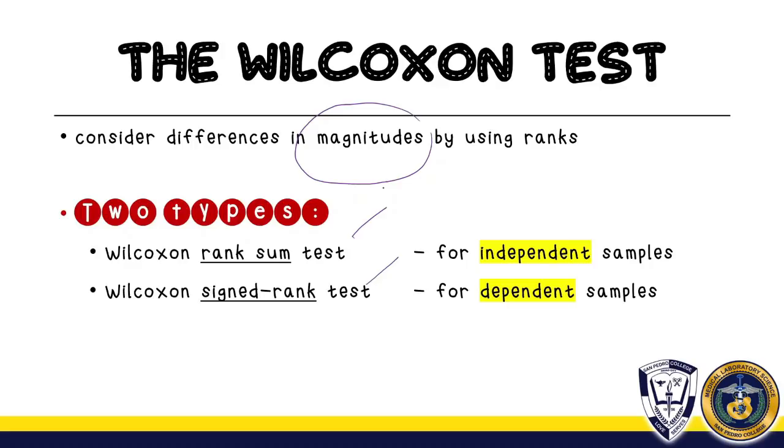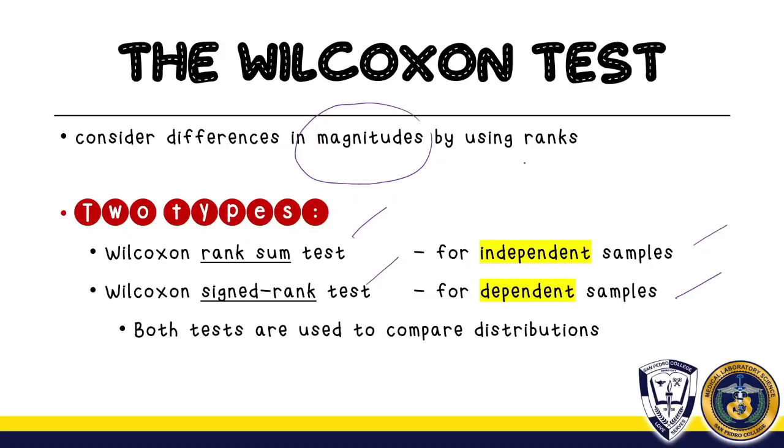The main difference between these two Wilcoxon tests is that your rank sum uses independent samples, whereas your signed rank test uses dependent samples. But both tests are used to compare distributions. So they mainly differ as to what type of sample we have in our data.